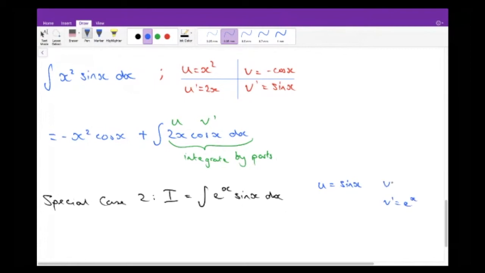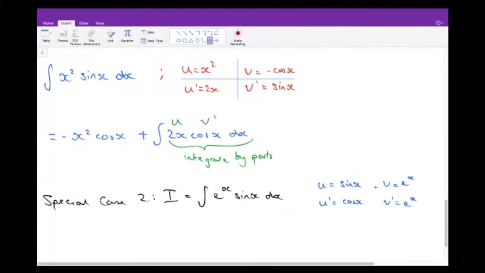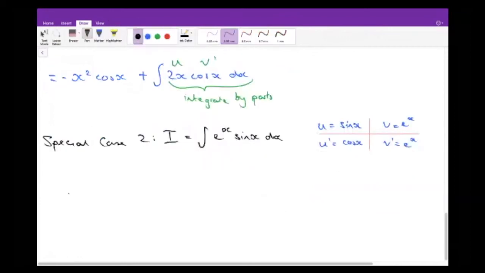The reason we do that is because v dash is really easy to integrate, and u dash is easy to differentiate. I guess slightly harder than an exponential because it does actually change. Okay, so when we put this equation in, we now have that the integral I is equal to uv, e to the x sine x, subtract the integral of e to the x cos x.